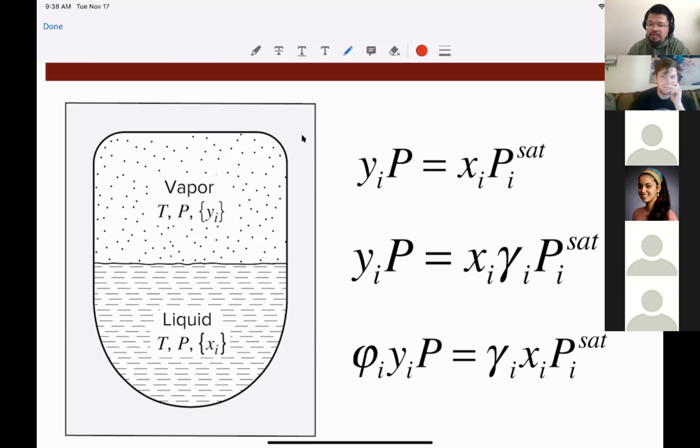I hope you recall this is always for the vapor, and this is always for the liquid. At equilibrium, the fugacity of the mixture in the vapor should be exactly the same as the fugacity of the mixture in the liquid, right?